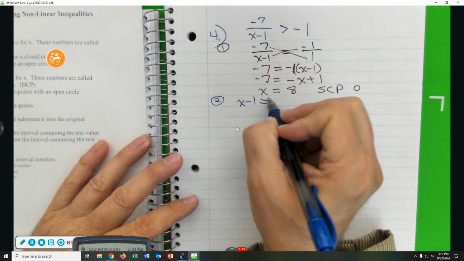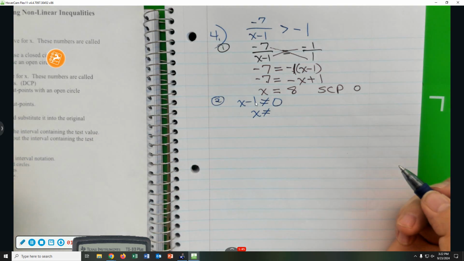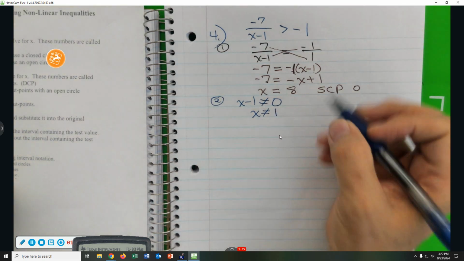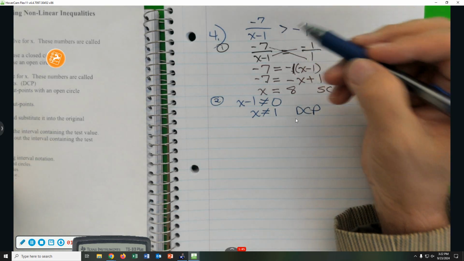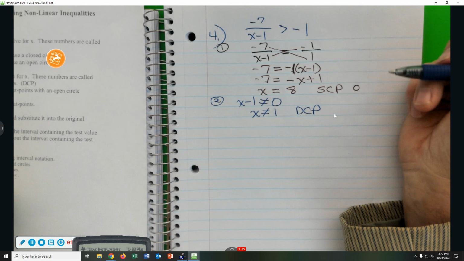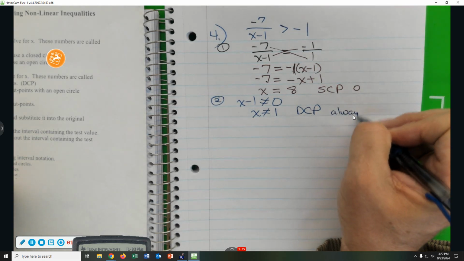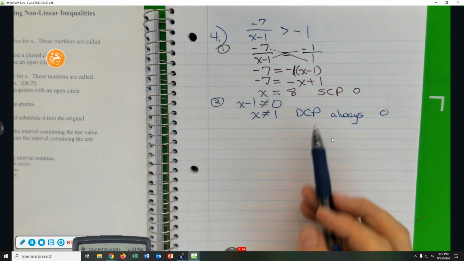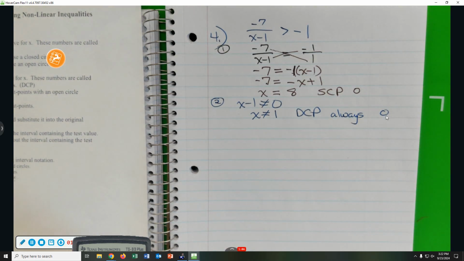We can't let that be 0, which means x cannot equal what? Positive 1. And for denominator cut points, you don't look back here. If there's a denominator cut point, it is always an open circle.